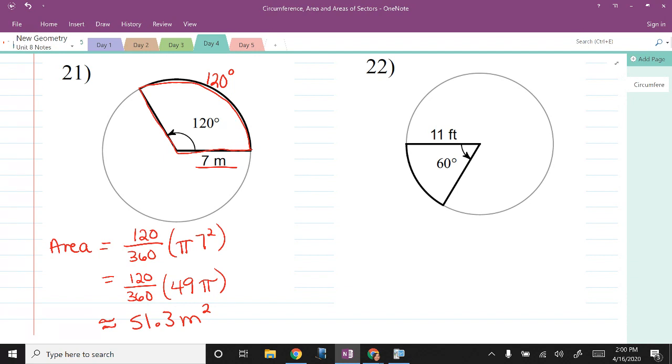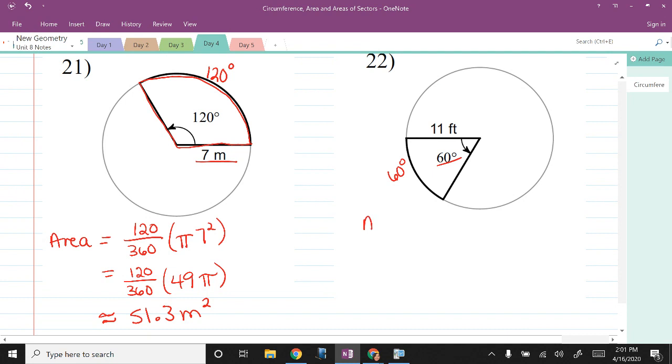All right, so number 22 on our worksheet, we want to find the area of the bold sector. They gave me the angle measure, 60 degrees, so the arc measure is also 60 degrees. So sometimes they can give you the area, or they can give you the angle measure of the central angle, or they can give you the arc measure. Either way, if it comes from the center, it's the same point. So for the area of the sector, we do the arc measure over 360 times pi r squared. And they tell me this time my radius is 11. So 11 squared.